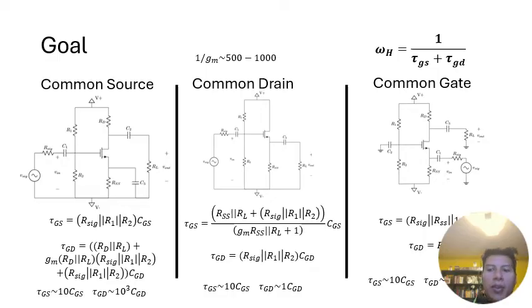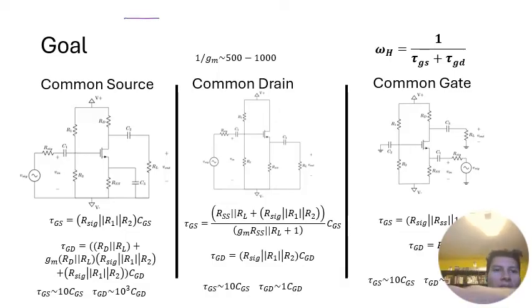Okay, so now we're going to do our high frequency analysis. Just like we did for our low frequencies to compute the omega lows, where we had a Thevenin resistance associated with each external capacitor, now we're going to have Thevenin resistances associated with the 2 internal capacitances of the transistor.